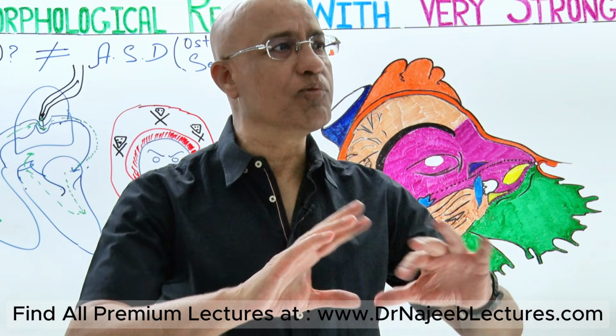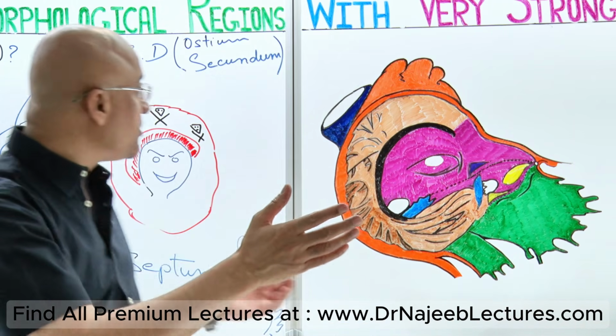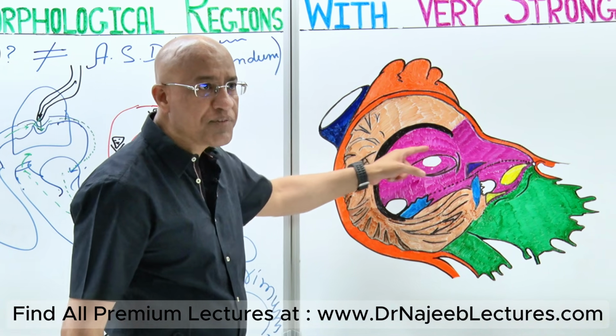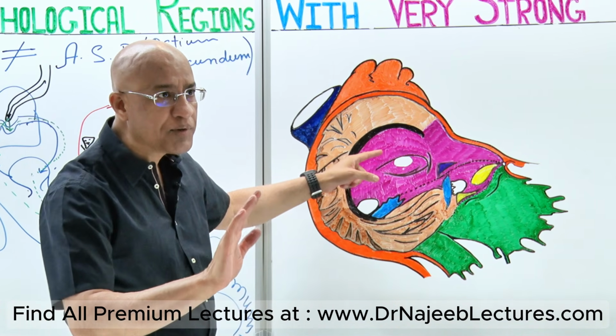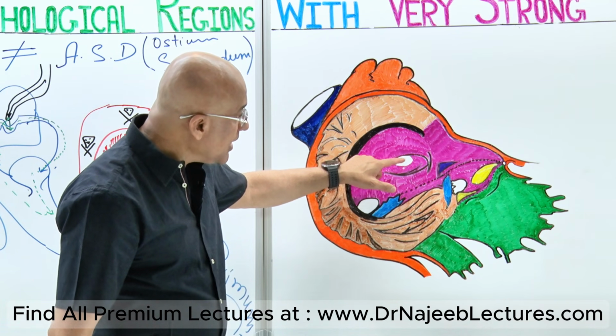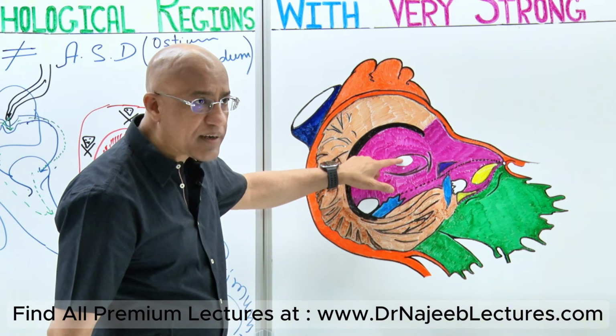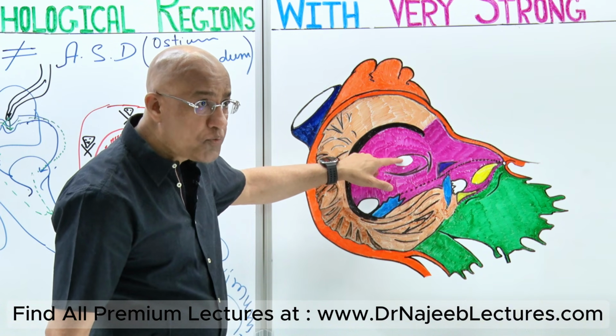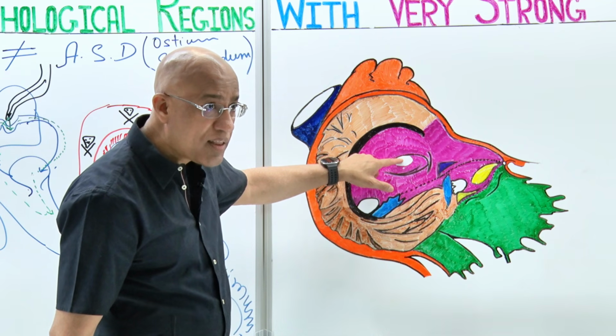This is also sort of a misnomer, because previously we thought that the upper part of the rim is made of septum secundum. Now we know it is not made of septum secundum. But here, atrial septal defect in the uppermost part of the fossa ovalis, right?